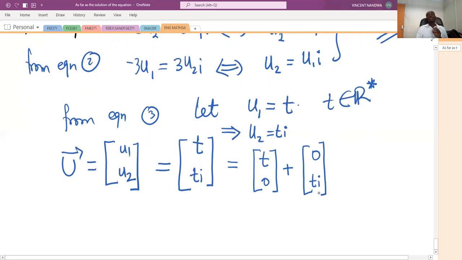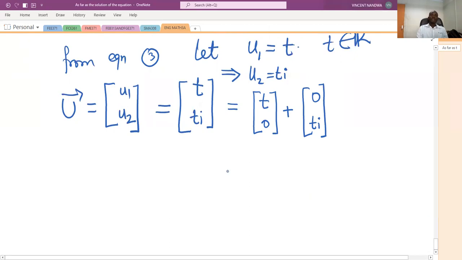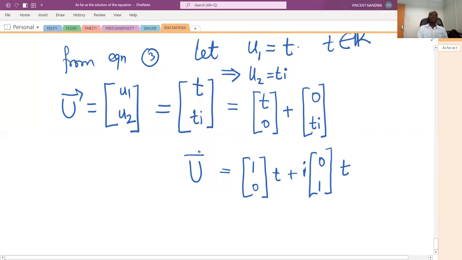The reason why I'm doing this is to separate real parts and imaginary parts. So which can be written as 1, 0 times t plus, I factor out i here, 0, 1, and then I factor out t outside here. Then this is my vector u.